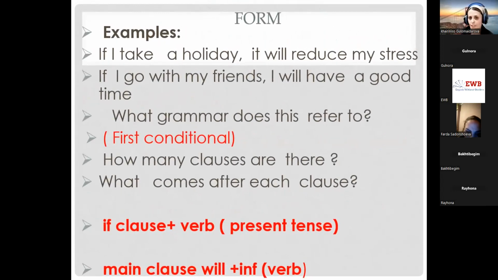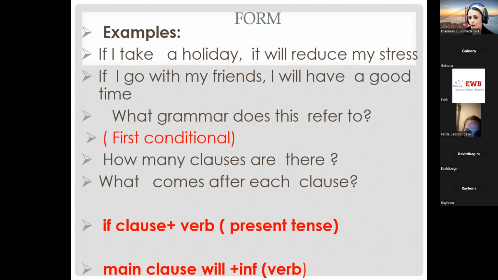So this is the form. Let's deal with the form. The examples are, if I take a holiday, it will reduce my stress. Or if I go with my friends, I will have a good time. So what grammar does this refer to? Of course, you already mentioned, this is first conditional. We are talking about conditional. And how many clauses are there?